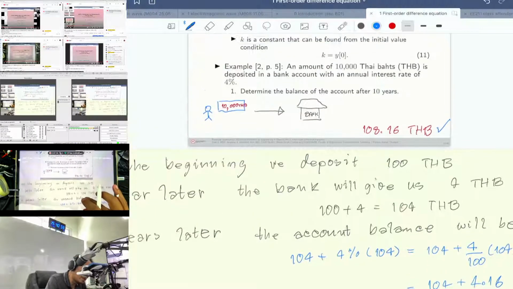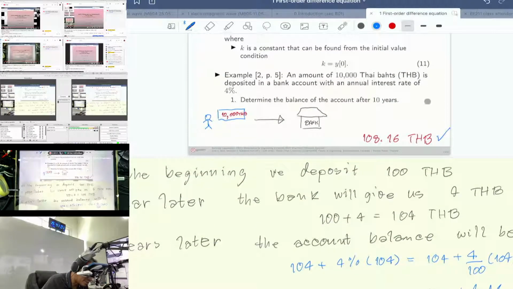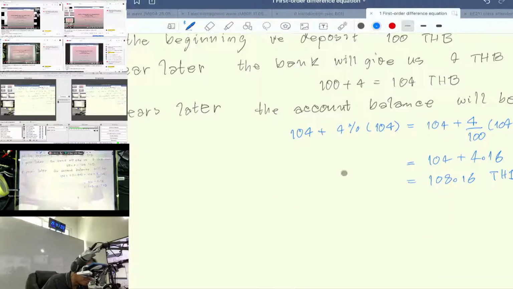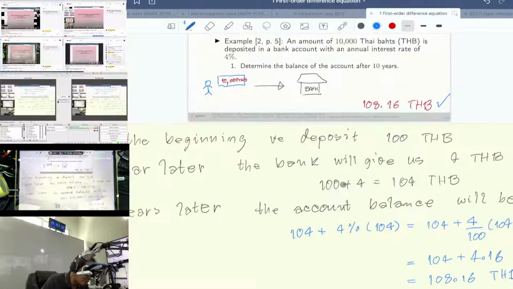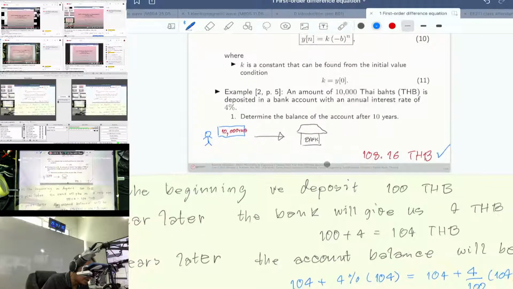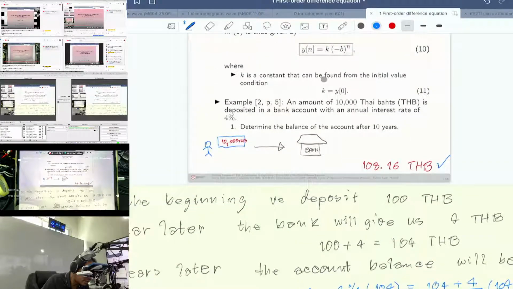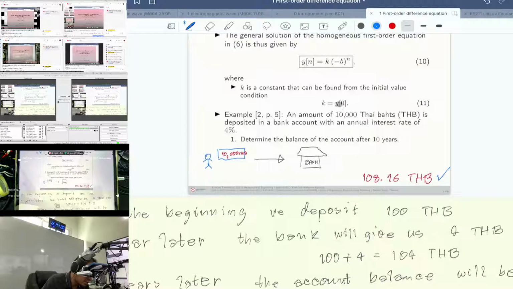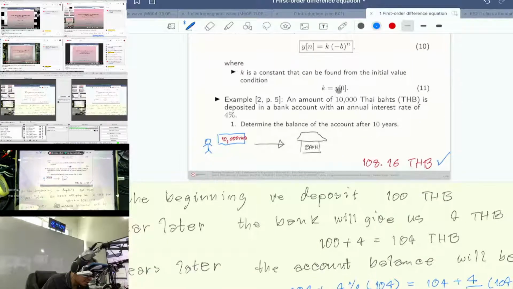My God. If we do it 10 times, the text will be filled in full on this paper, right? That should be the formula to do that. We're going to use this formula, right? K is the constant, which is the amount of the deposit at the beginning.